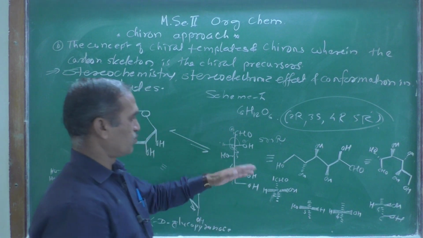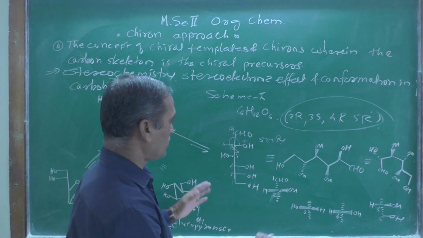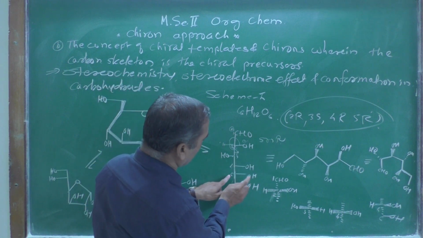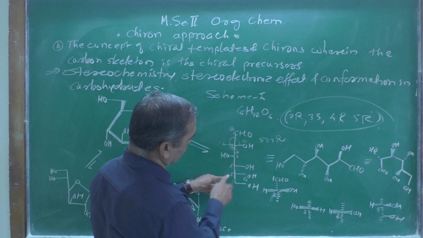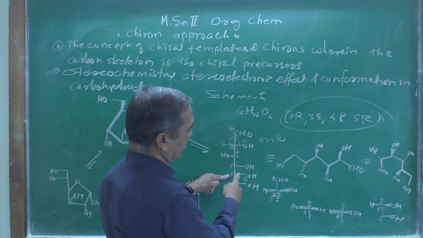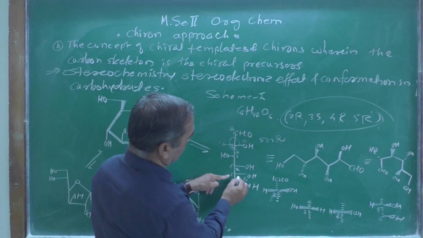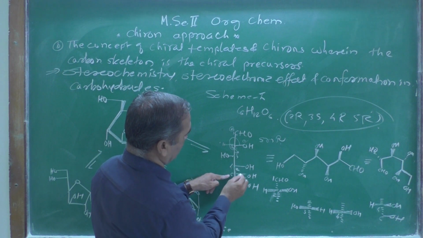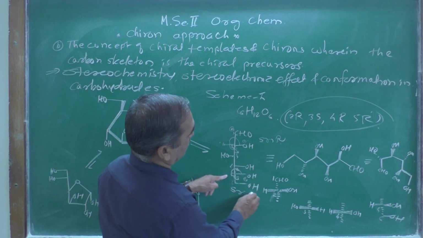If you count, you will find it just by remembering this trick. Look at carbon 5. Suppose here is priority 1. Among these two, which one gets the highest priority? This one is 2, and this one is 3. Look, S changes to R.